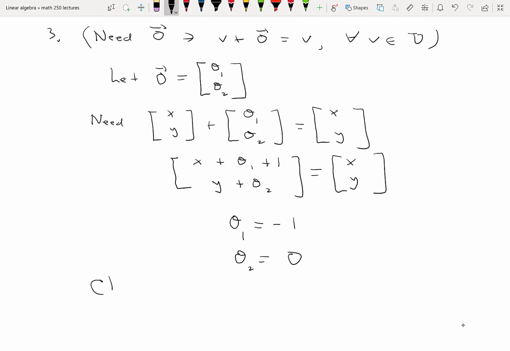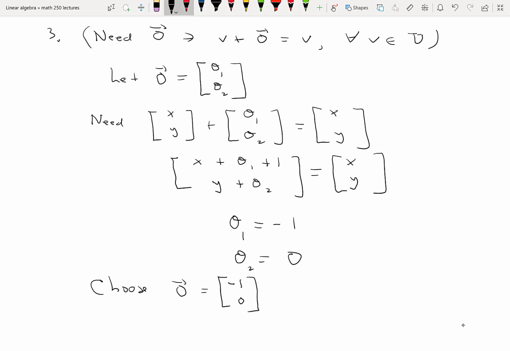So choose as my 0 vector, and this is the first really strange thing happening with vector spaces, the column vector negative 1, 0.